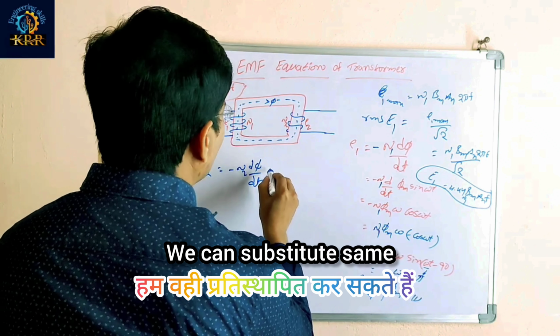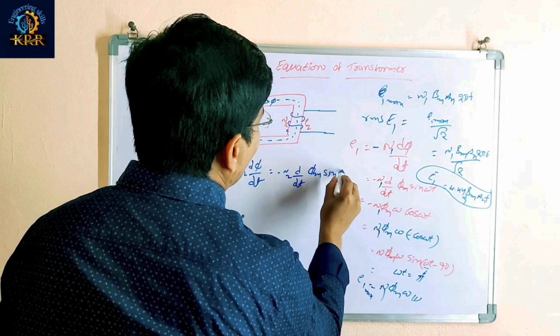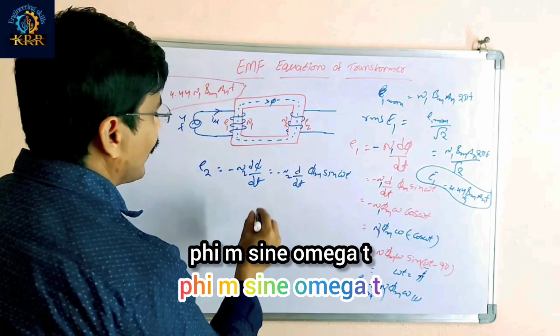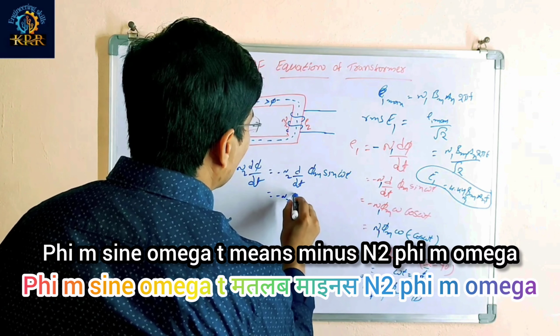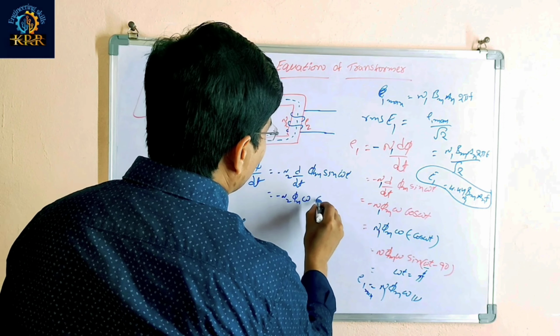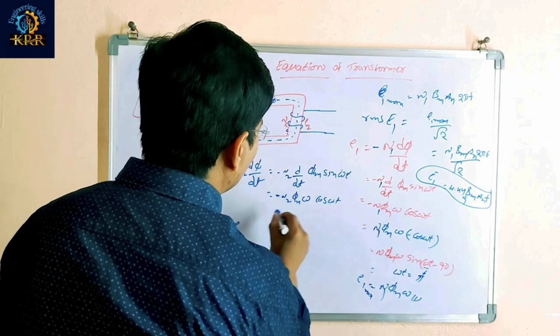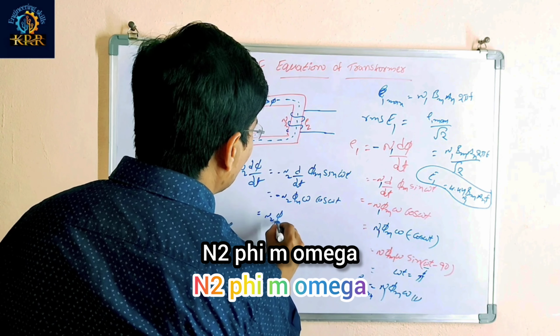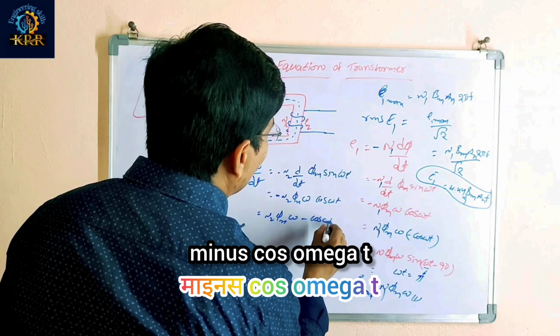We substitute phi m sin omega t, which gives minus N2 phi m omega cos omega t, that is, N2 phi m omega times minus cos omega t.